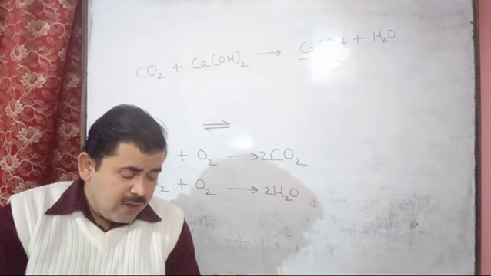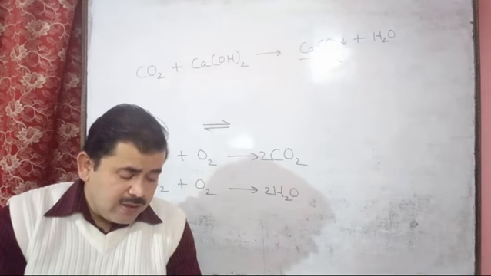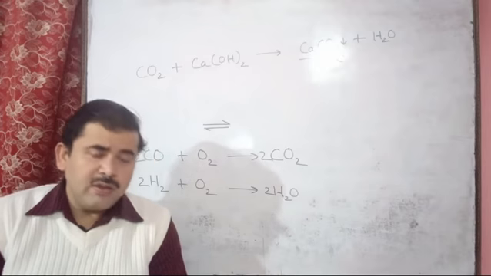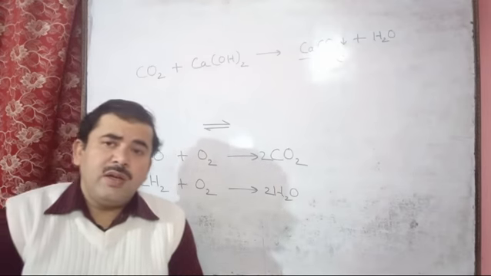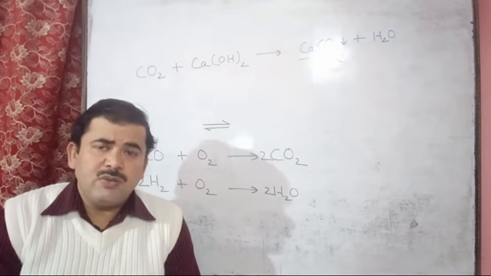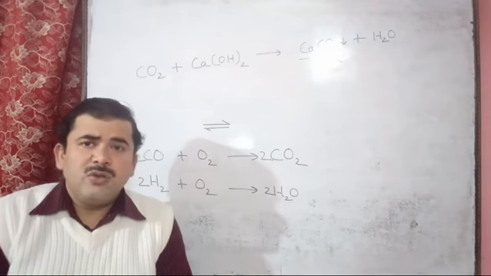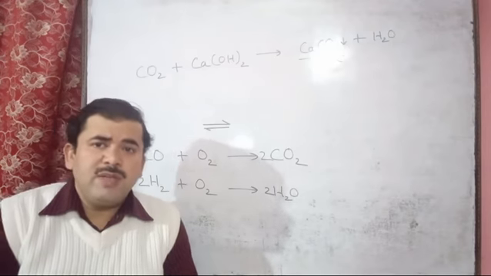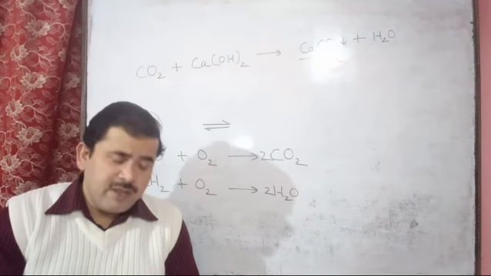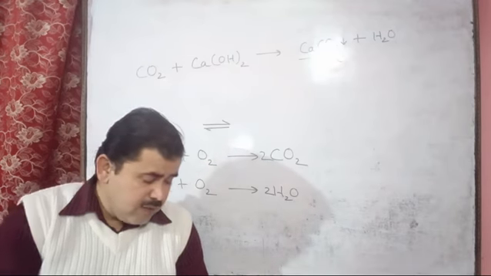So if the zinc reacts with the concentrated potassium hydroxide solution, means KOH, this will give the potassium zincate plus hydrogen gas.